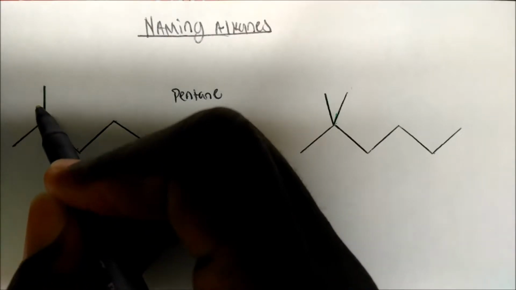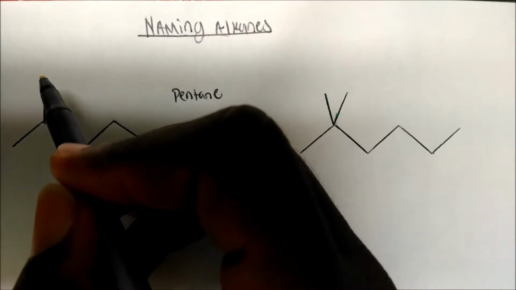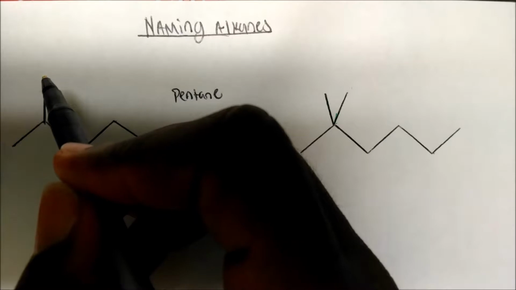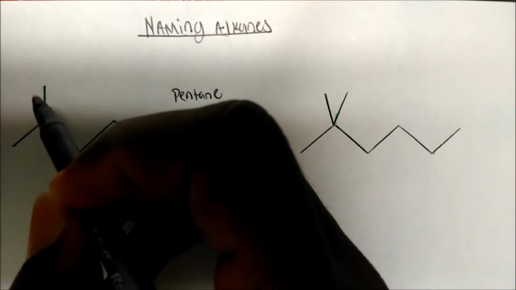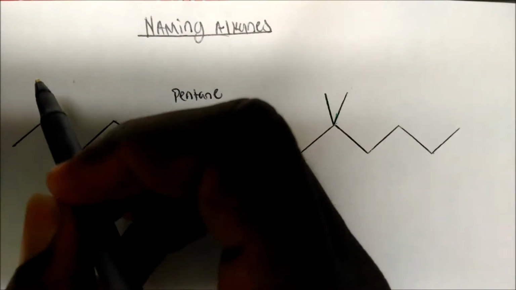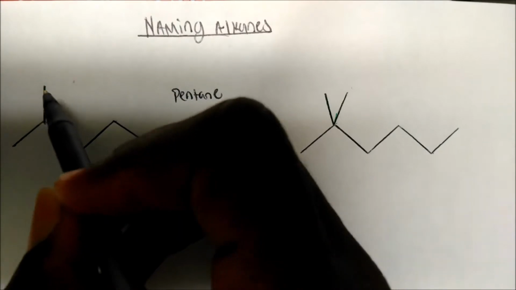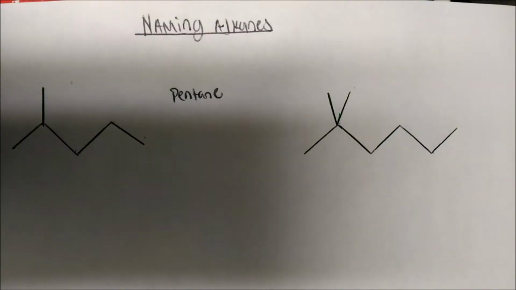So for CH3, usually we'd say something along the lines of methane or ethane, but in this case, we name it using the YL, which will be methyl. Anytime you have a CH3, which is always implied when there's no ending, it's methyl. And the same thing, you could have propyl as a substituent, ethyl as a substituent.